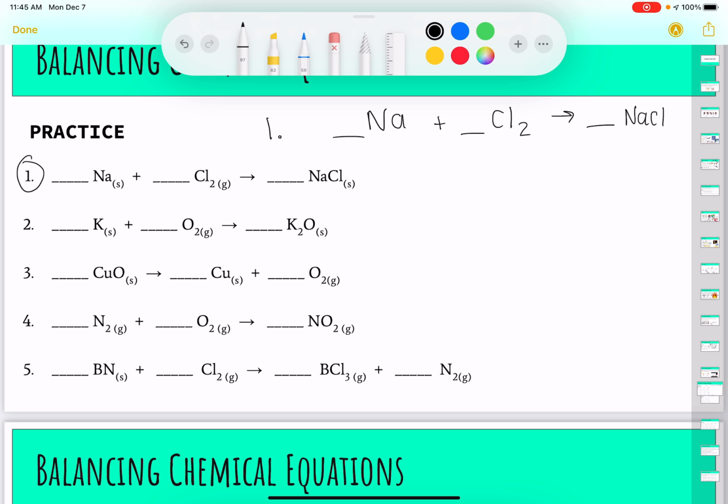So balancing the sides, to me, I always draw a line down the center because this left side is going to have to equal the right side.